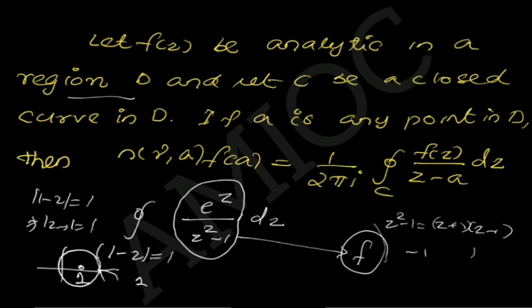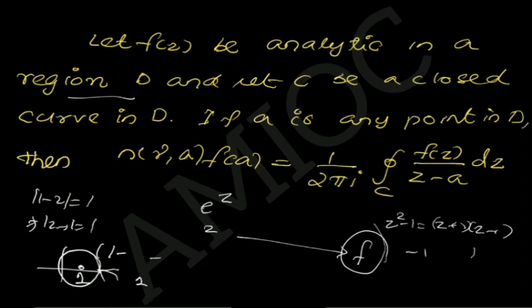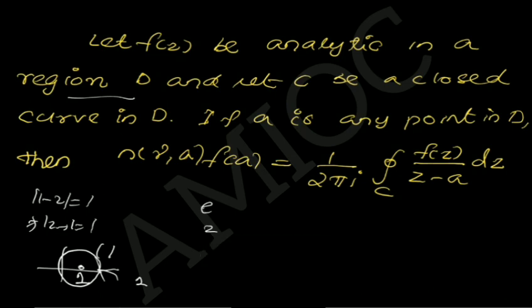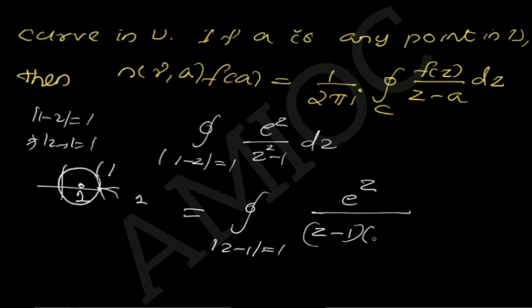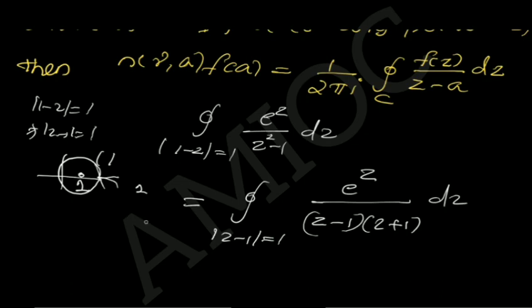Rearranging, the integral over mod 1 minus z equal to 1 of e raised to z divided by z square minus 1 dz will be equal to the integral over mod z minus 1 equal to 1 of e raised to z divided by z minus 1 into z plus 1 dz, where C is given by mod z minus 1 equal to 1.